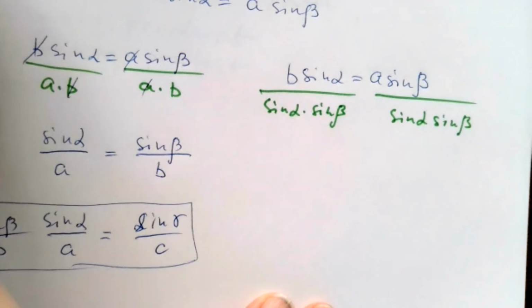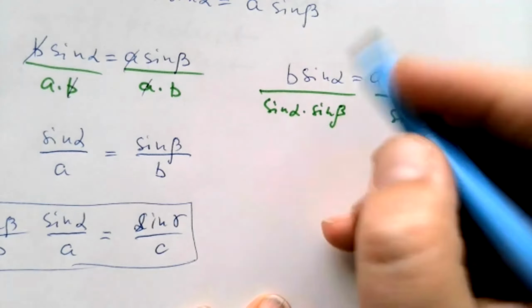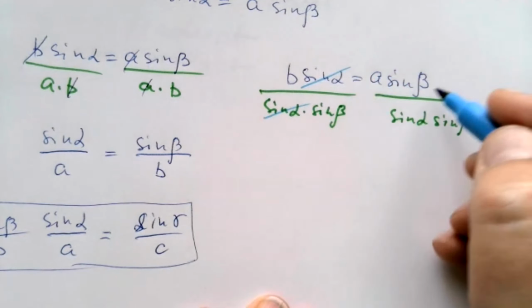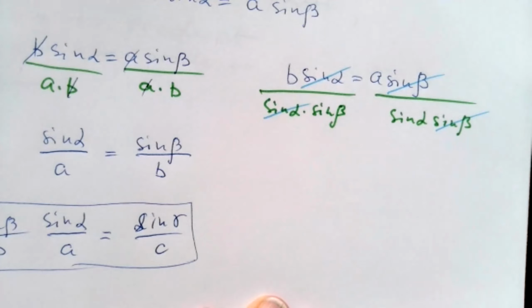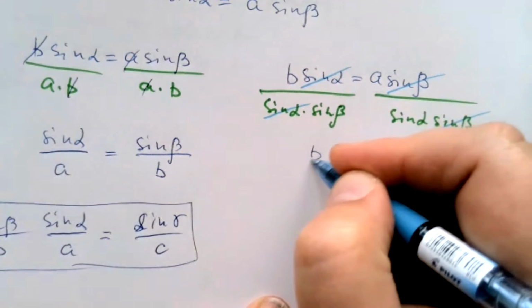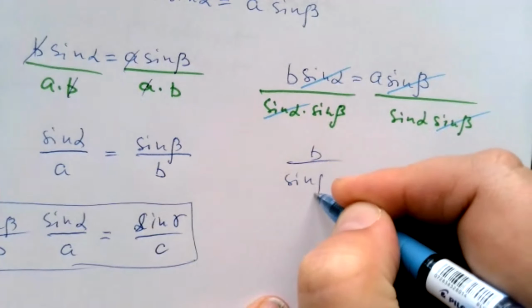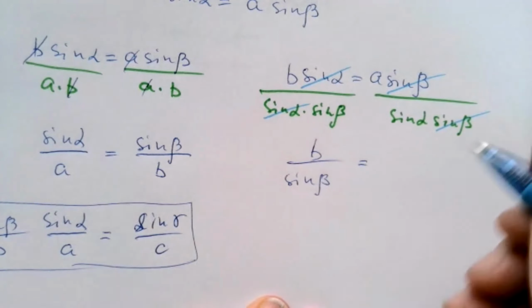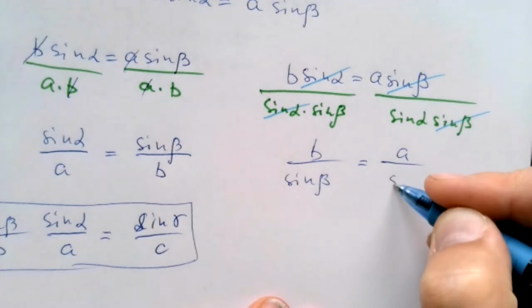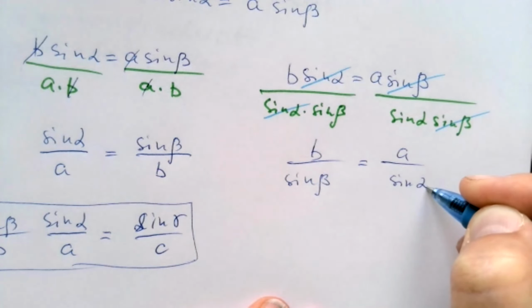We again cancel out the common factors, and what do we have? We have b divided by sine beta equals a divided by sine alpha.